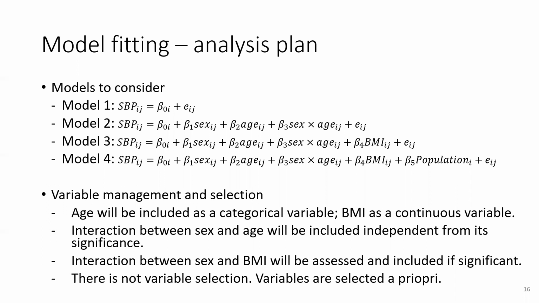Sometimes we do model fitting, say when we have a lot of factors which we think are associated with blood pressure, but we don't know which, and our study aim is to identify the factors that are most associated with blood pressure. In this case, we may have to do variable selection, but this time we don't do that. Do you have any questions about the analysis plan?